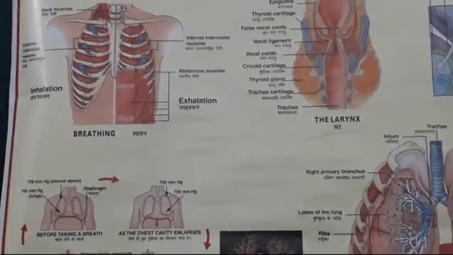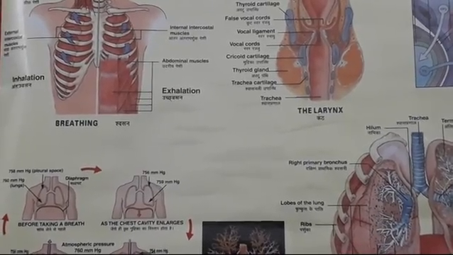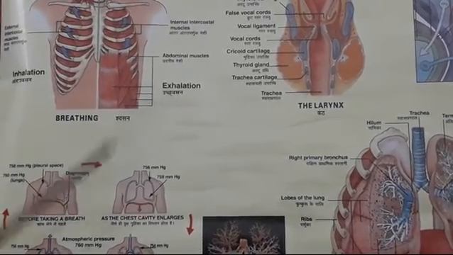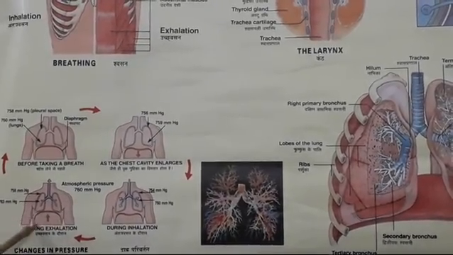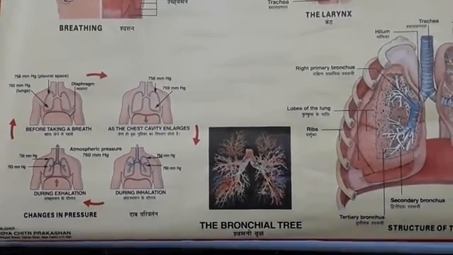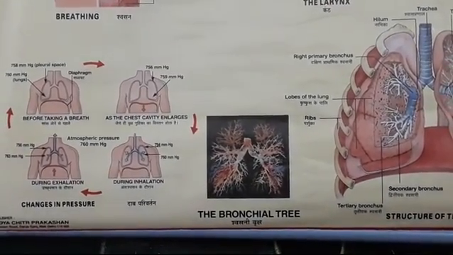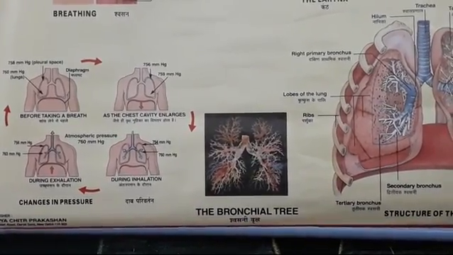The diaphragm relaxes and moves upward to its dome-like outline. As a consequence of the above mentioned movement of ribs and diaphragm, the volume of the thoracic cavity decreases.